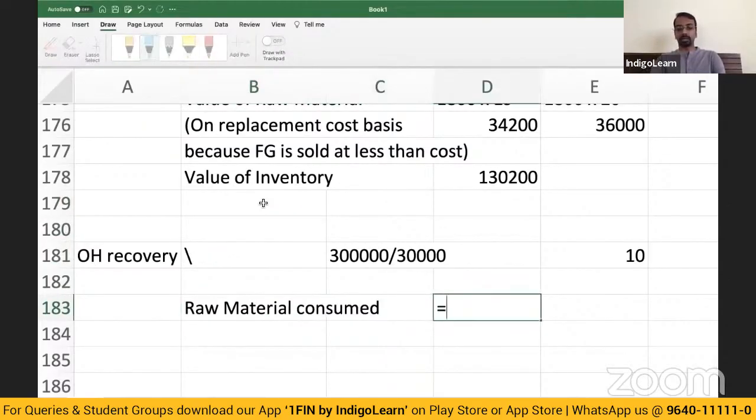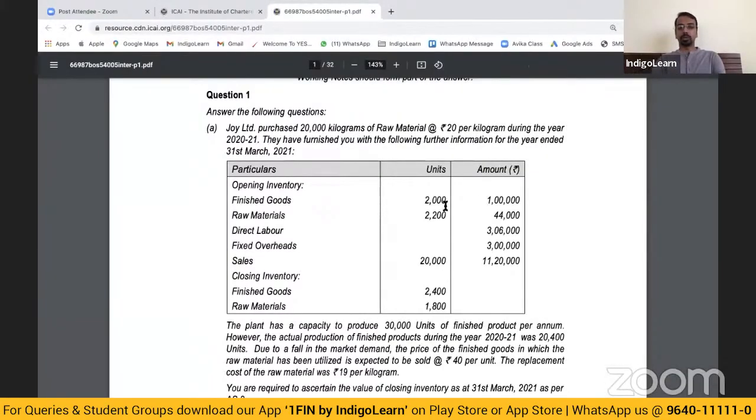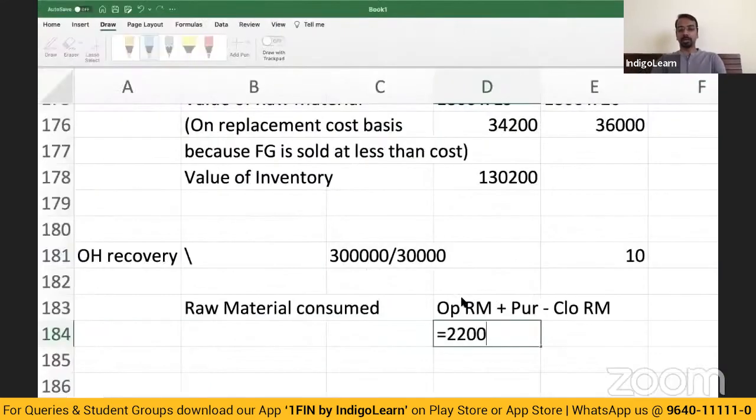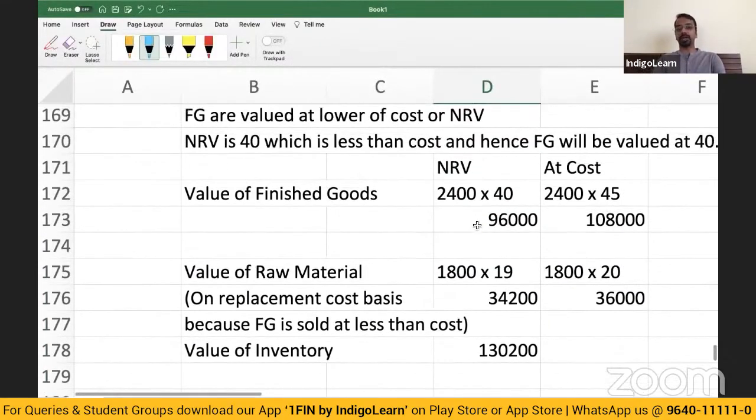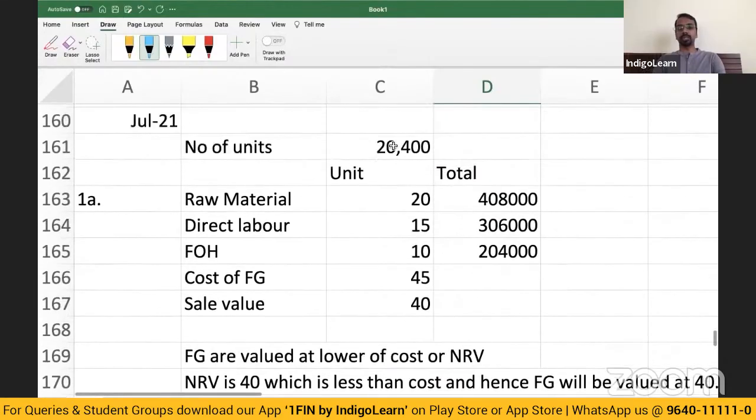Opening raw material plus purchases minus closing raw material. That is for reconciliation. Opening is 2,200, purchases 20, closing 18. So 2,200 plus 20 minus 1,800 gives you 20,400, which is the consumption that we have considered while calculating this.